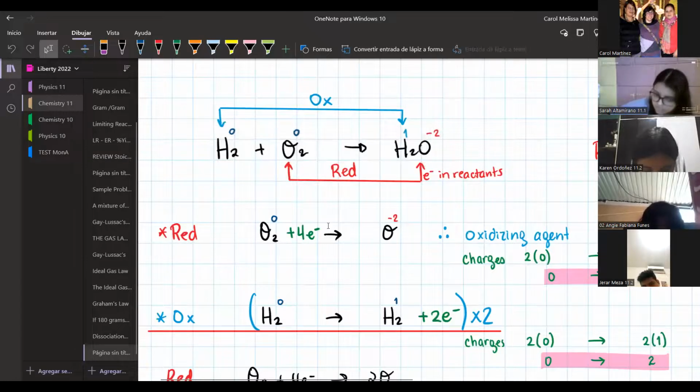So you need to balance the half reaction. Having 2 oxygens here requires you to have 2 oxygens on the other side. And the only way to have 2 oxygens is to multiply by a coefficient of 2, because we cannot put the 2 as just a subscript. So we always put it as a coefficient. So we multiply times 2.